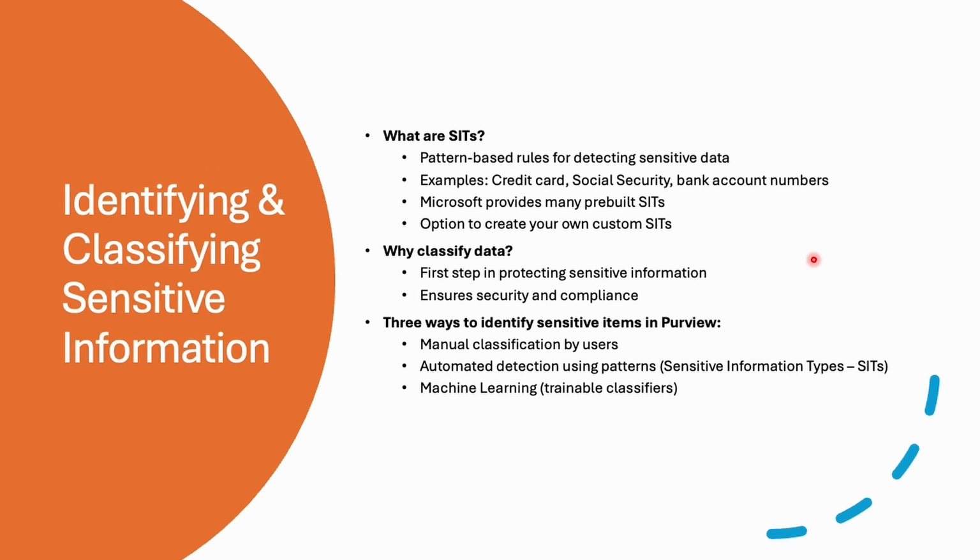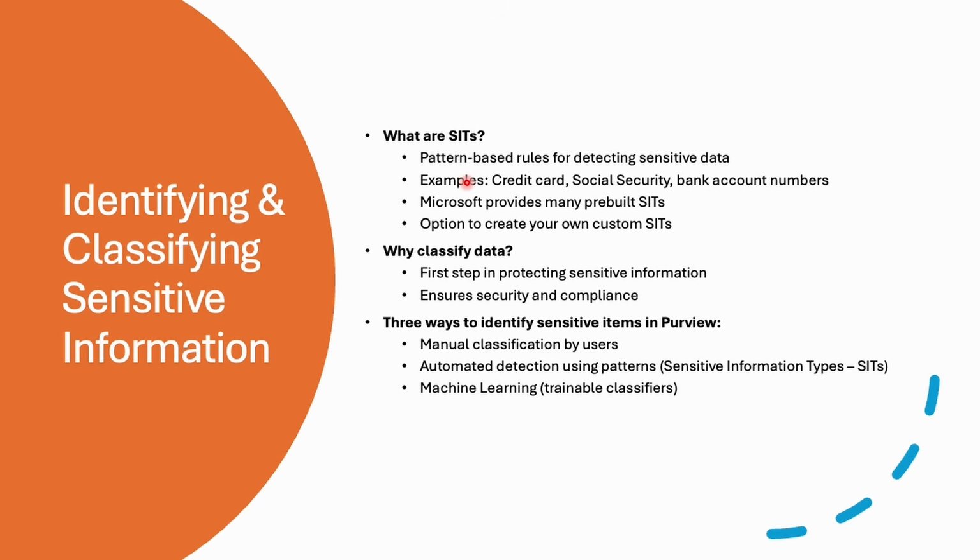Okay, before jumping towards the implementation, we need to understand what exactly sensitive information type is. You can think of sensitive information type as a rule that helps you to spot or identify your sensitive data automatically. It works with patterns. For example, they can detect when a document contains a credit card number, or maybe the social security number, or maybe the bank account number, or similarly any other sensitive information.